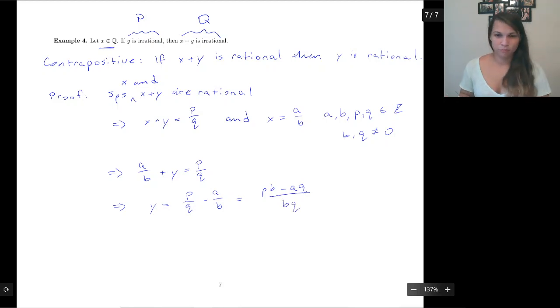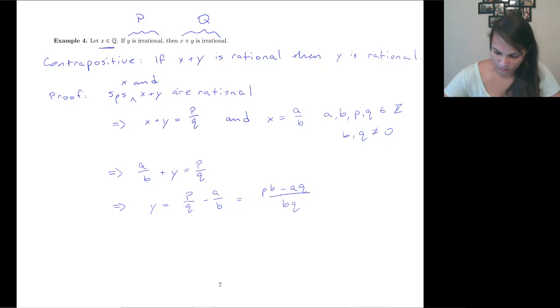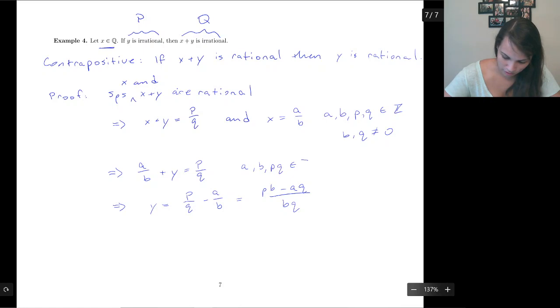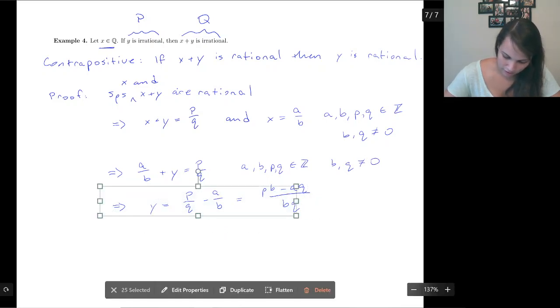Let's keep track of our information. A, B, P, Q are integers. B, Q don't equal 0.